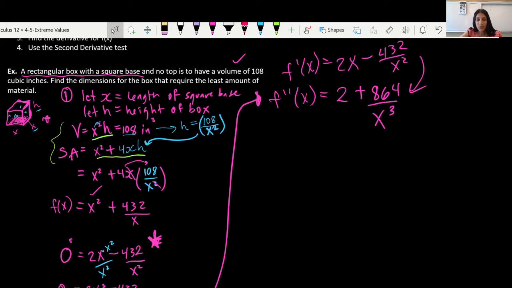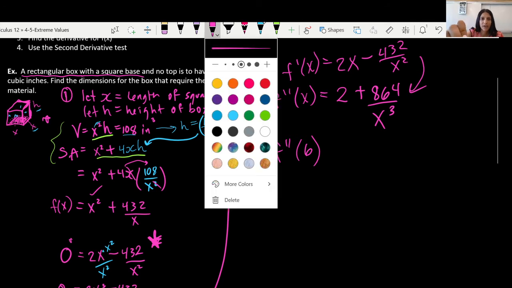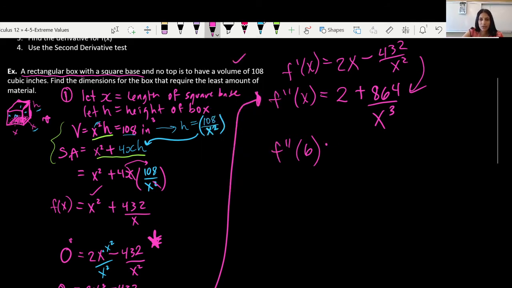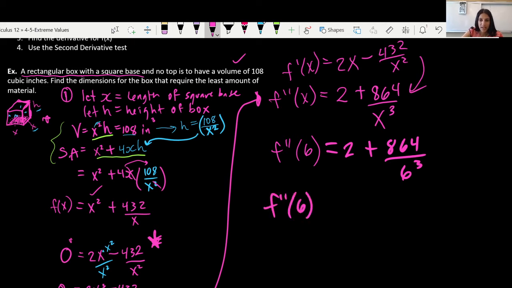And then we know when we take our second derivative, we want to take our critical point, so take 6, that value we found, and we want to plug that in. So 2 plus 864 over 6 cubed. So this f double prime of 6 ends up being equal to, when we work our way through and simplify all of this, 6, which is greater than 0.